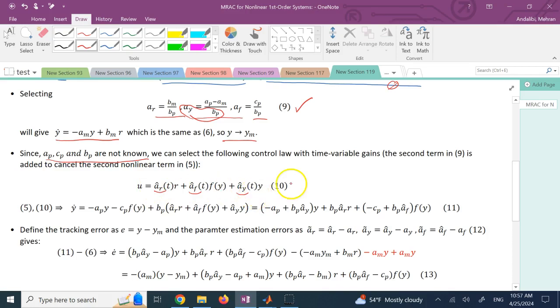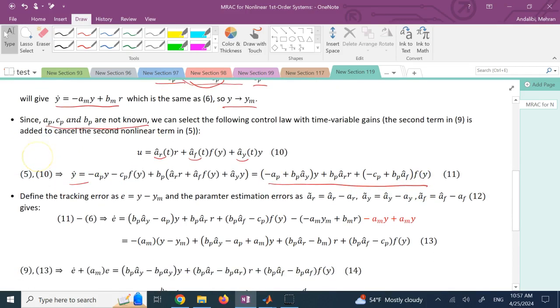If we do that and plug in 10 into 5, the governing equation for the control system becomes y dot equals this. Here I did some factoring. And defining the tracking error to be e equals y minus ym, and the errors in the estimated parameters as ar tilde to be ar hat minus ar, ay tilde to be ay hat minus ay, and af tilde to be af hat minus af.